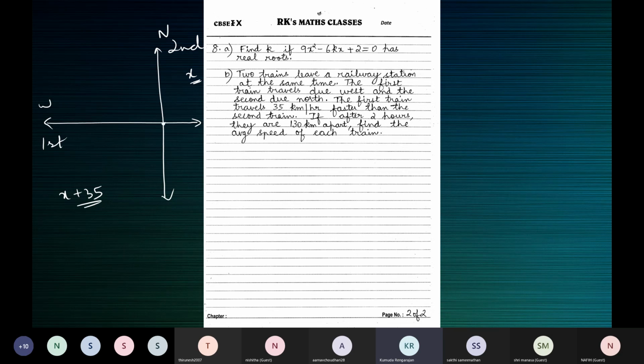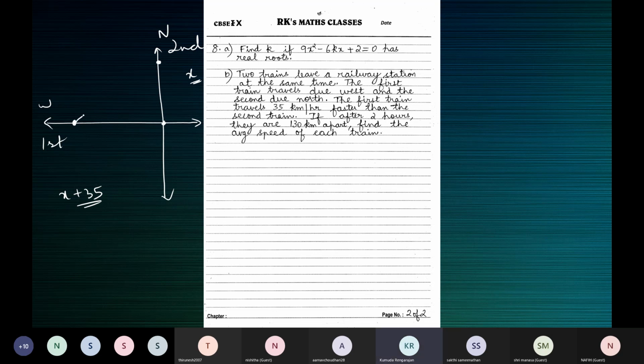So the first train, say from here, travels for 2 hours and reaches this position. The second train leaves the same railway station at the same time, starts here and goes in this direction and reaches this place after 2 hours.